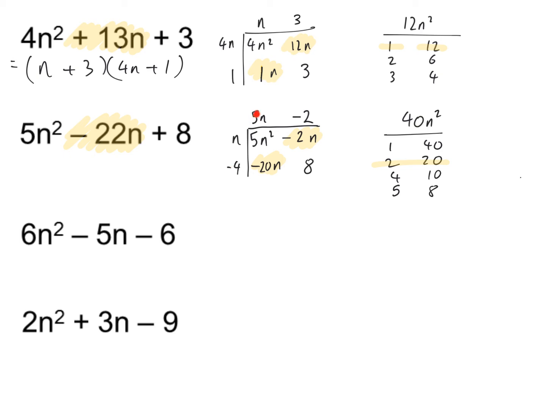A negative times a positive will give me a negative. 4 5s are 20, and I've just got that single n. I can use the last box as a check. A negative times a negative is a positive. 4 times 2 gives me the 8. So this will factorise to 5n minus 2, n minus 4.